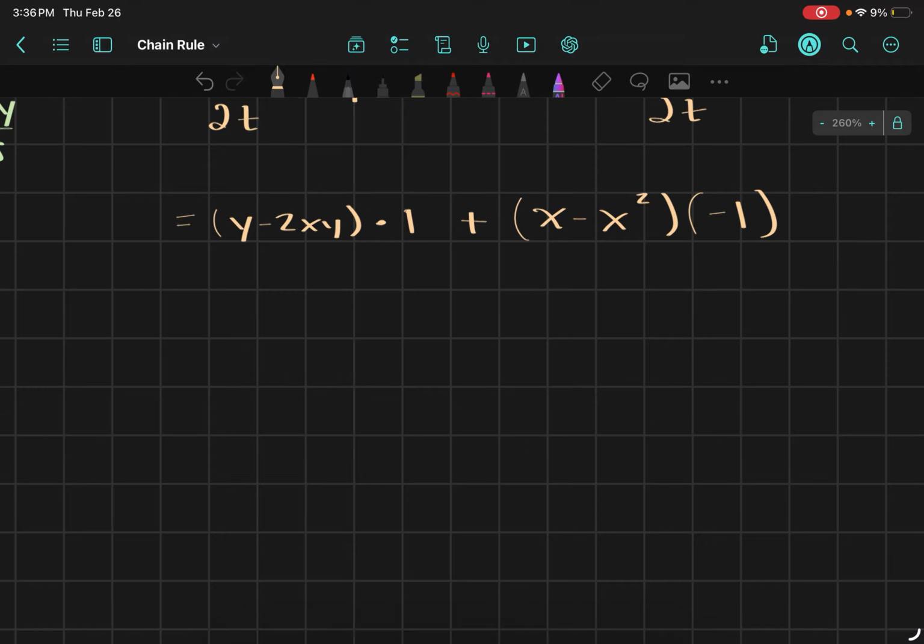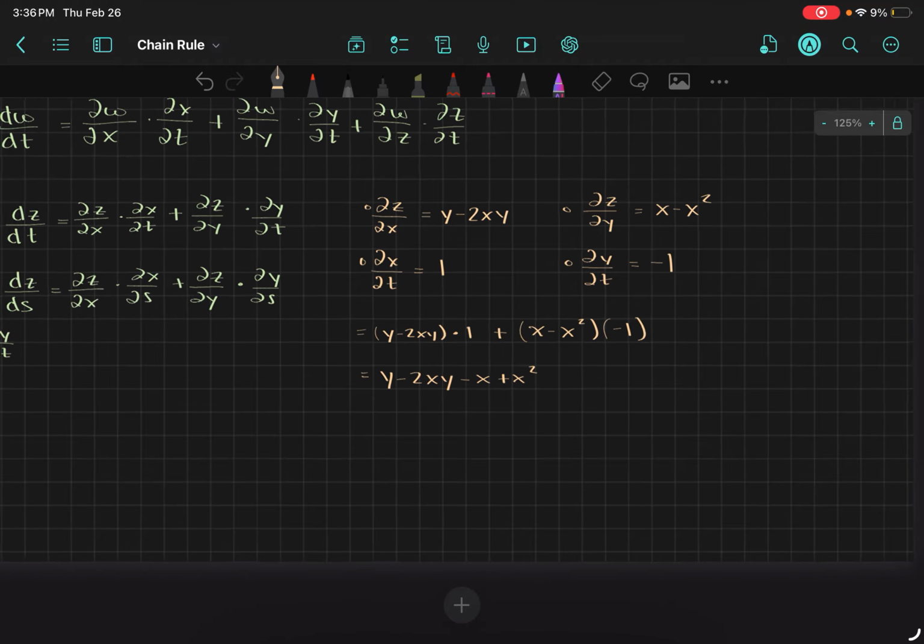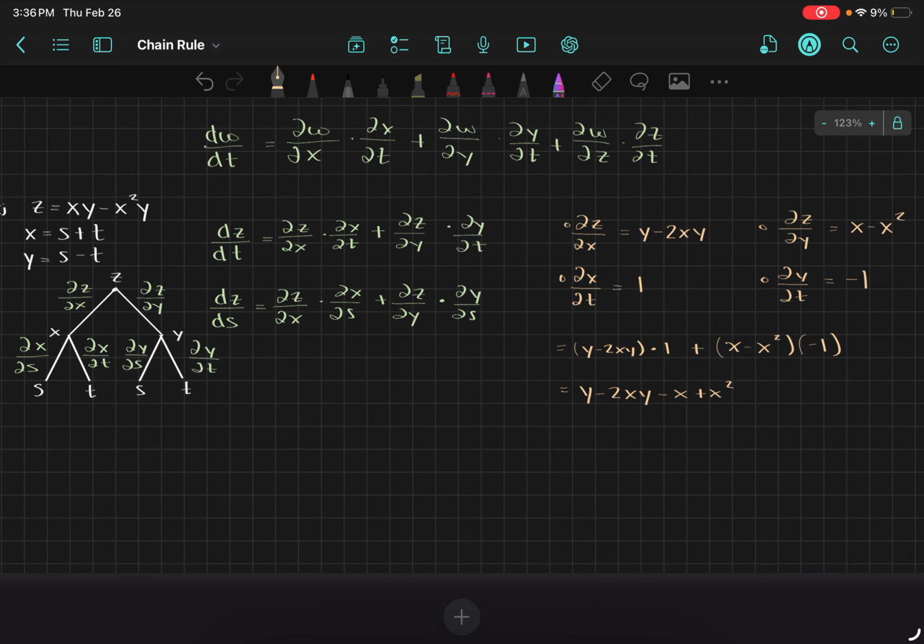There we go. Now we're just going to simplify this a little bit. We have y minus 2xy minus x plus x squared. Go ahead and plug in our independent variables now. x is equal to s plus t, and y is equal to s minus t.